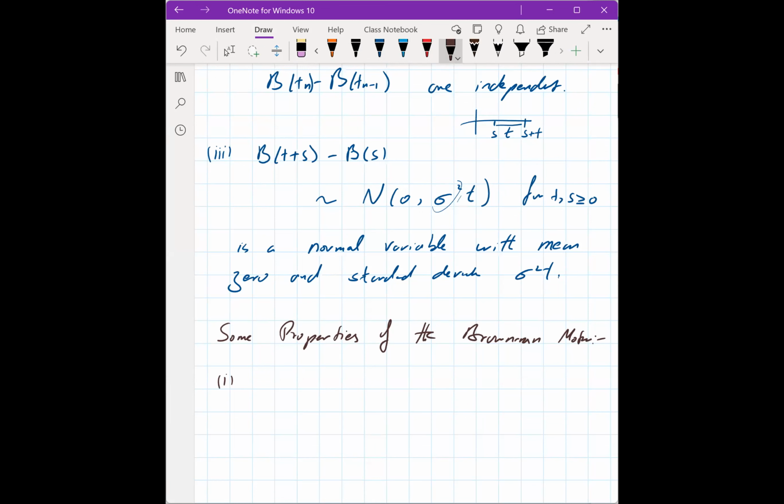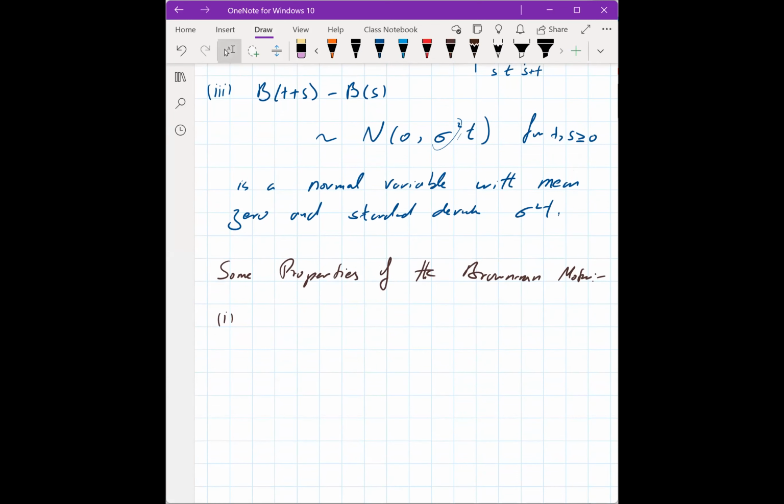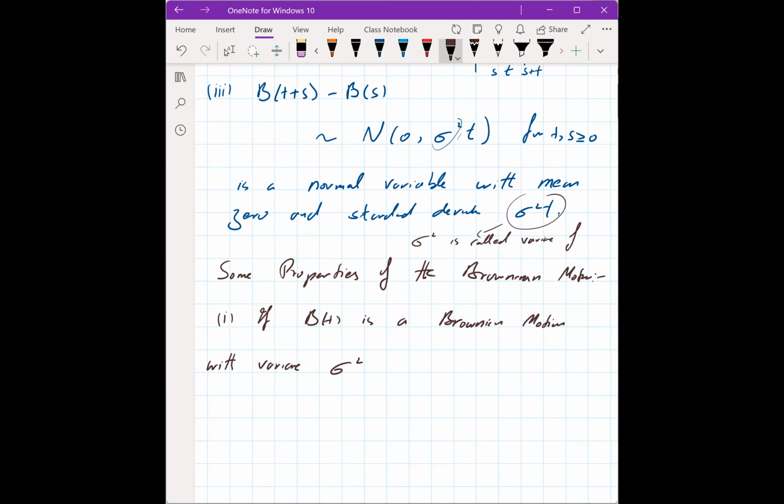So if b of t is a Brownian motion with variance sigma square. So the variance of the normal variable is sigma square t, but for Brownian motion, sigma square is called the variance of Brownian motion.